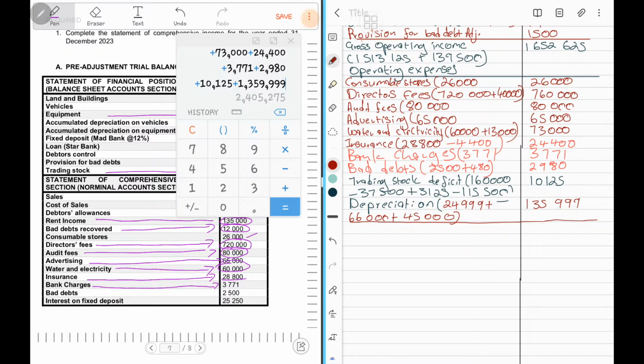Then that gives me, it has to be in brackets, remember, 2,405,275. Then you are going to calculate twice to confirm that number.